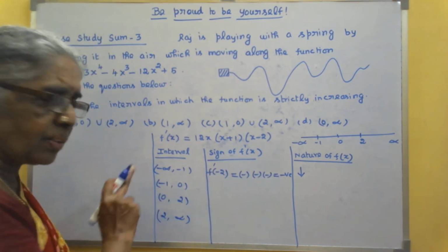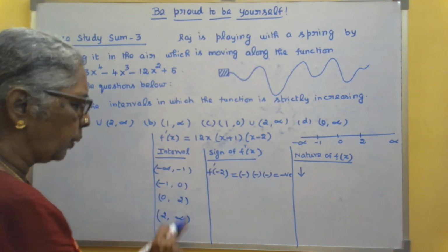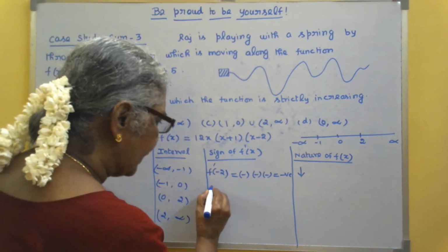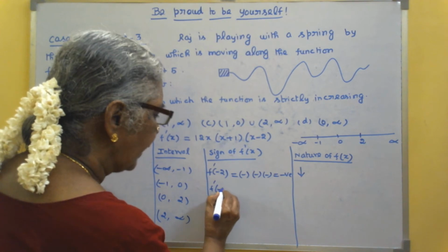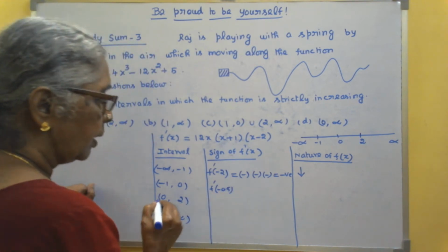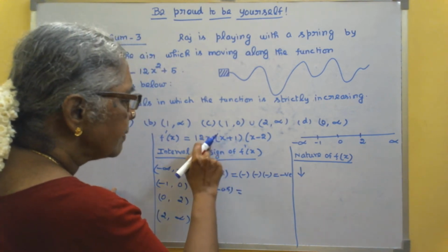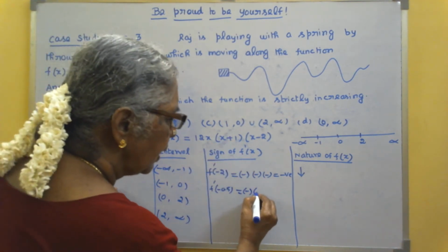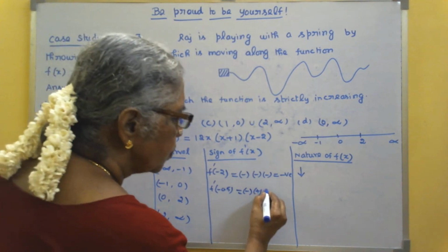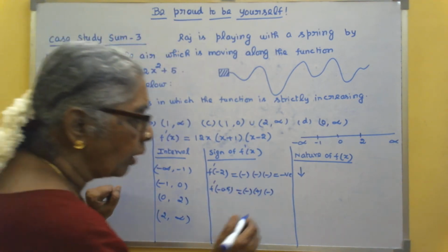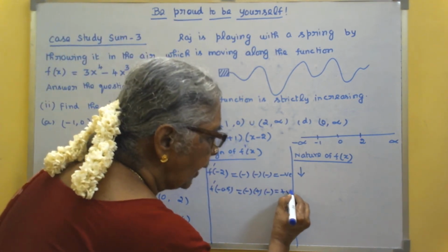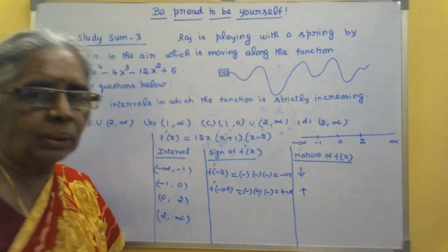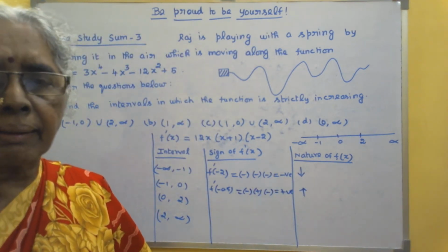Then come to the next interval, minus 1 to 0. Now I can take f dash of minus 0.5. The outer x will be negative. Here this will have a plus sign and this will have a minus sign. So the product will be positive. So this will be strictly increasing.